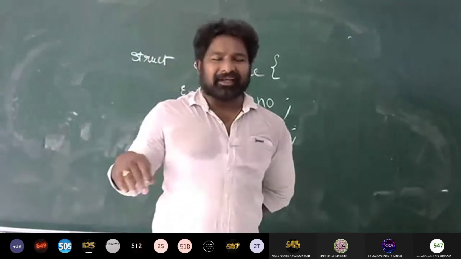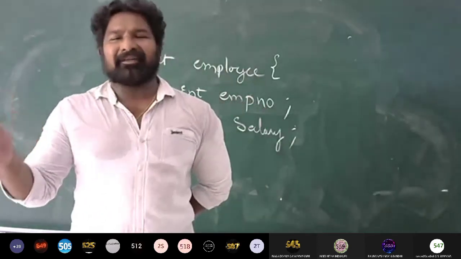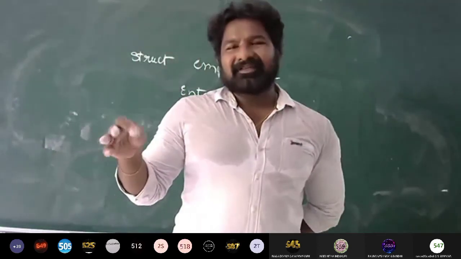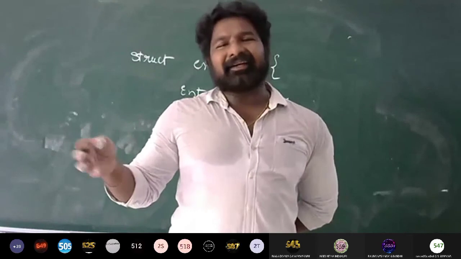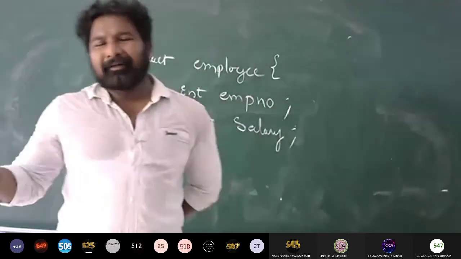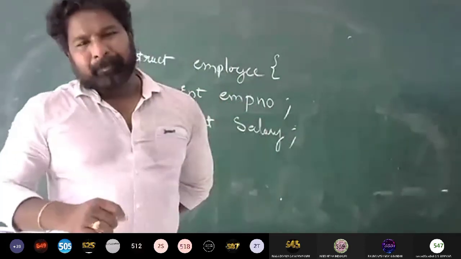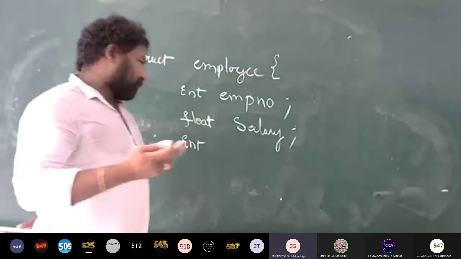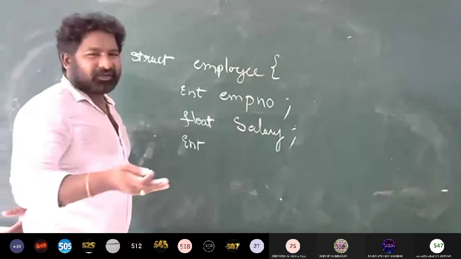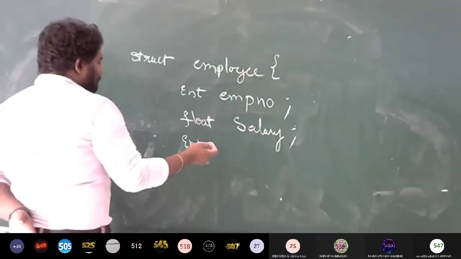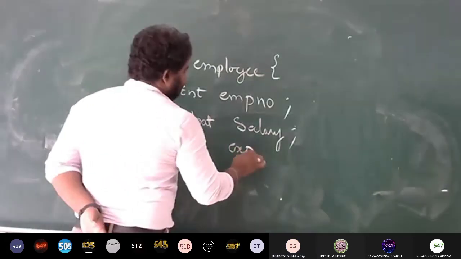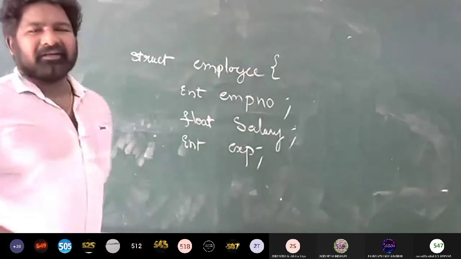If I want to assume it as 3 years 5 months, 3 years 6 months, like that, I'll declare it as a float type. Right, ma'am? Yes, sir. So that's up to your choice actually. Okay, so I'll take integer type, and I'll call it experience, EXP.